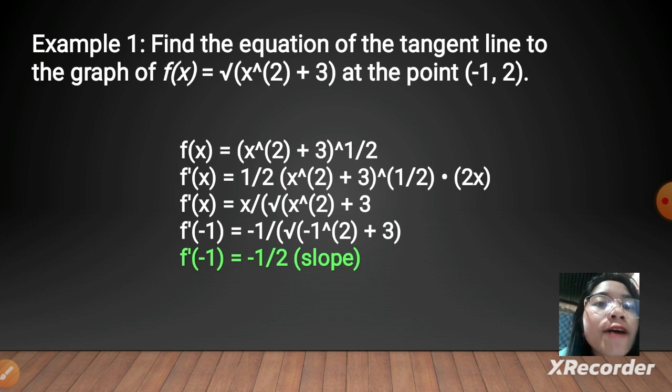So, we have -1 over square root of -1 squared plus 3. Then, simplify. Square root of -1 squared plus 3 is equal to 2, because -1 times -1 is 1, plus 3 is 4. The square root of 4 is 2. That's why we have -1/2. So, that is our slope.